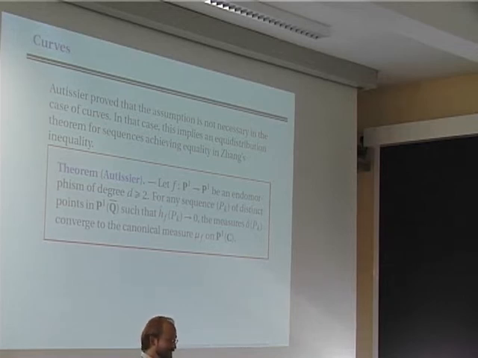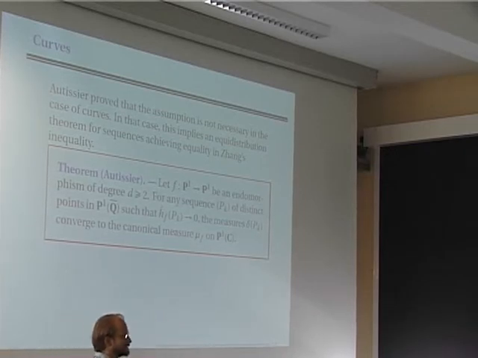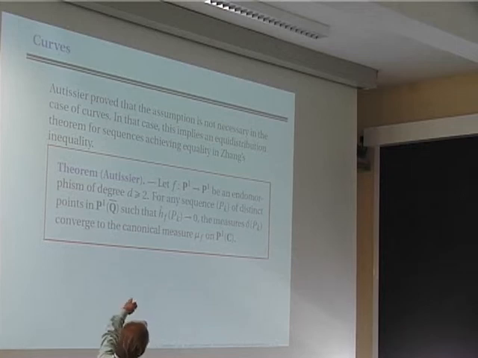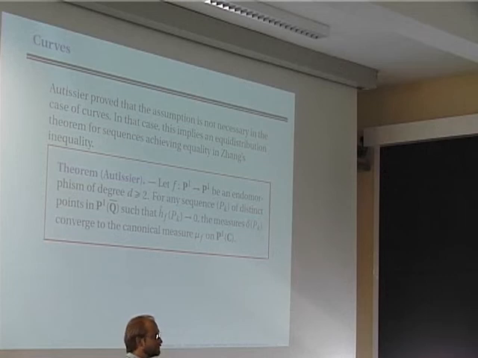The fact is that for curves you have H0, H1, and H2. And the H2 has a positive sign, so it doesn't matter for that work. And the H1 he could control. So in that way, he could achieve equality. So this implies that if you take a dynamical system on P1, then you have equidistribution of points of small height towards the canonical measure mu f.